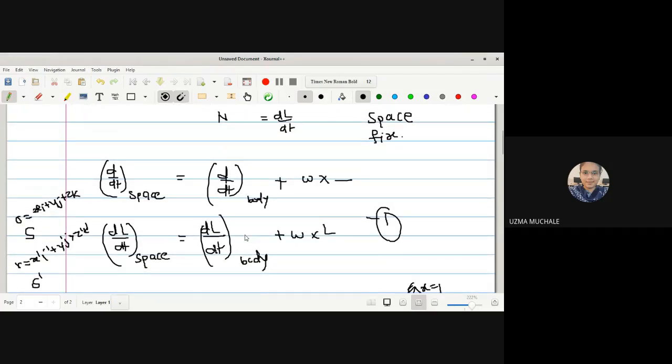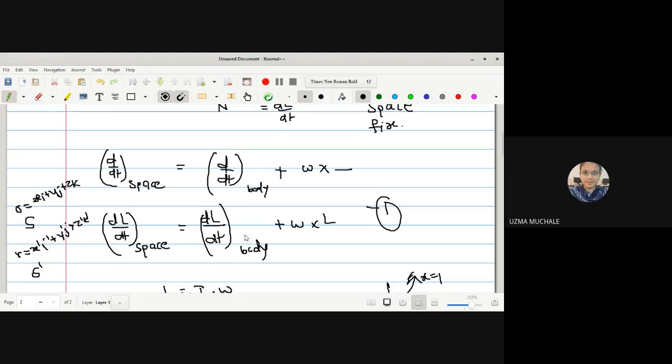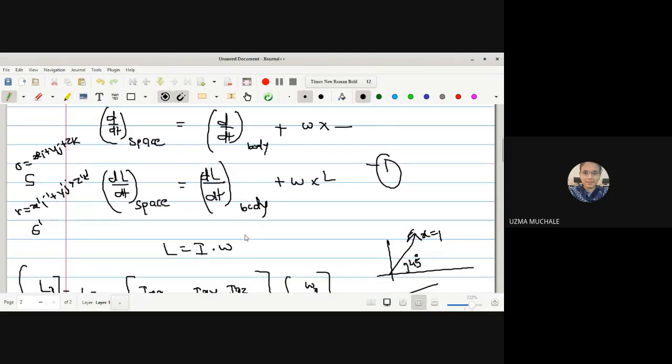Now in the last lecture, we proved one theorem: d by dt of space set of axes, or fixed set of axes, is equal to d by dt of body set of axes, or rotational set of axes, plus W cross the quantity.